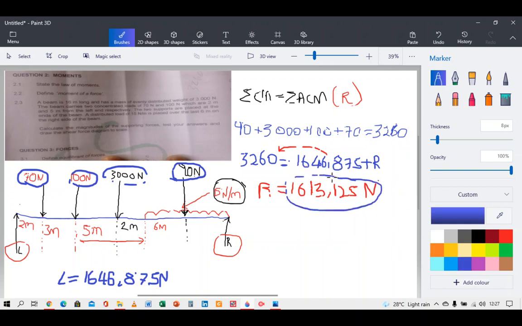This is your R value. So when you add these forces, the force going up and the force going down must be equal. So that's it. This is just to avoid using this method of sum of going up and sum of going down to find the other support, just in case.